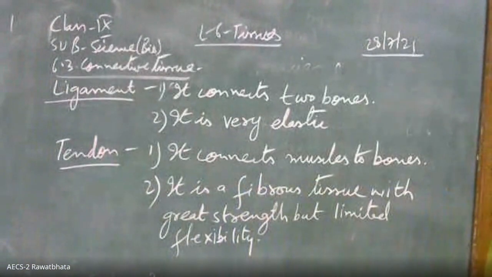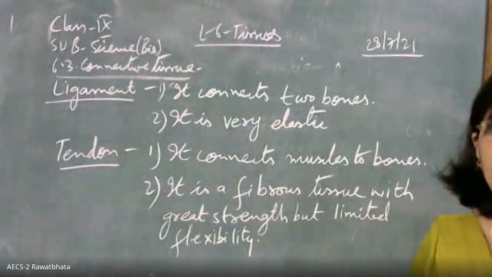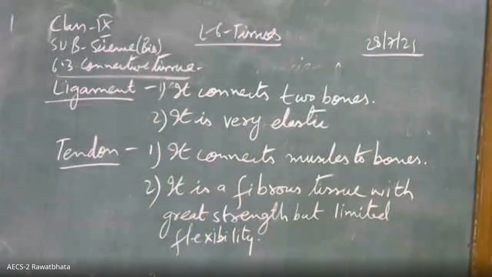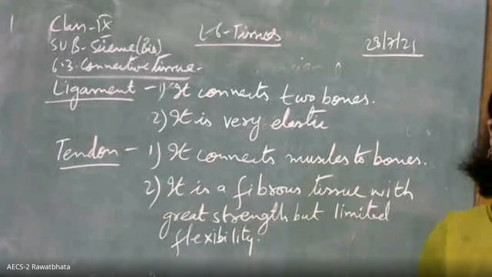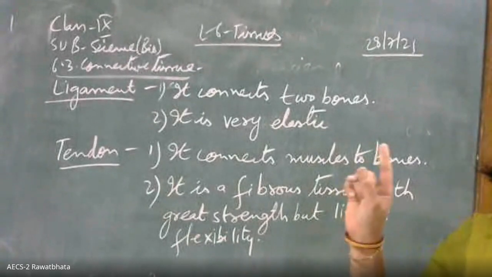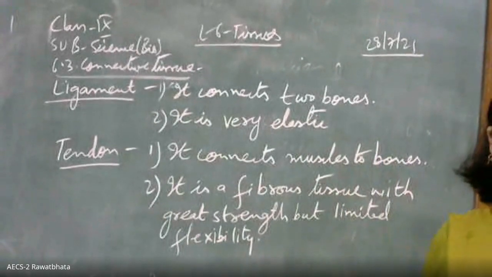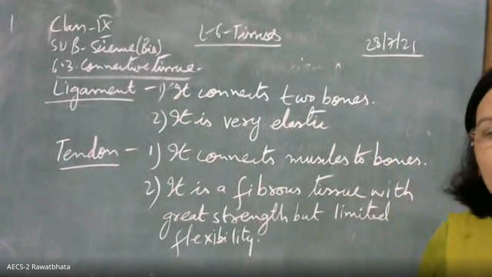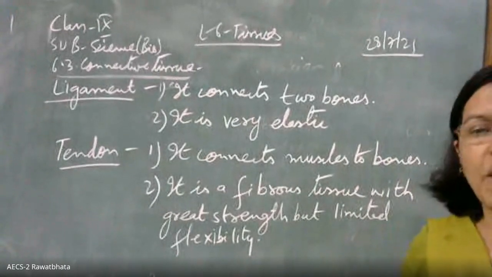Definitely it is strong, then only it is holding the muscles to the skeleton all over the body. But it is not flexible as that of ligament. These two important differences are going to fetch you 2 marks in your exam.